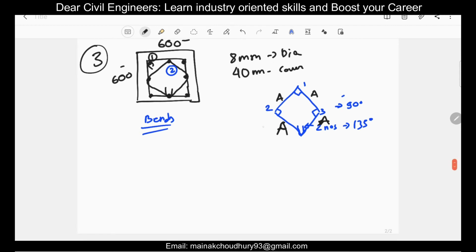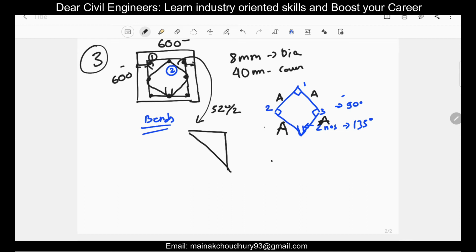So this particular length here, if you just calculate that, I'll just zoom in this section here. So this is like this, this is like this. Okay, so this particular portion will be, if this is 600 and this is 600 minus the cover from two sides, that 40, 40, 80, so this will be 520, and this will be here 520 by 2.